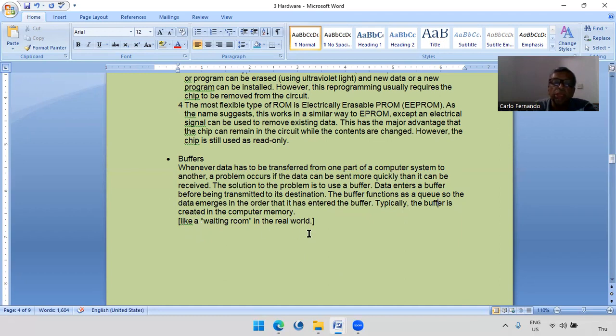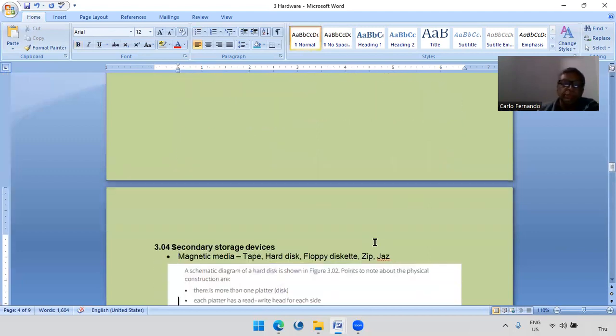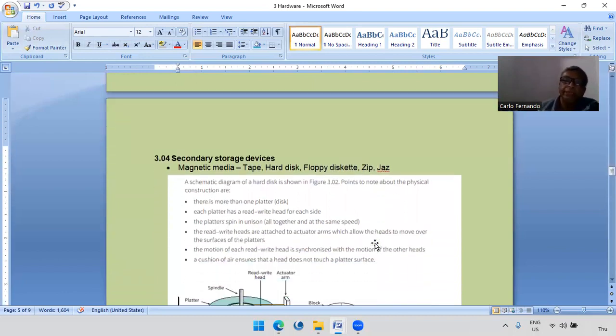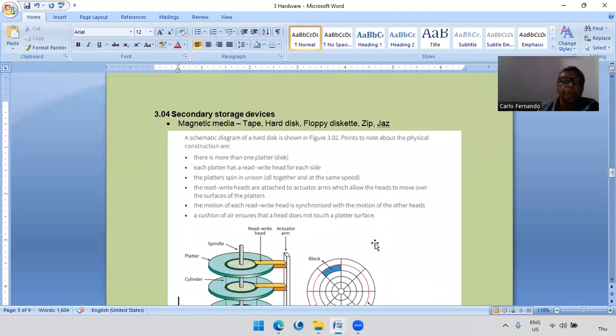In the real world also you get waiting rooms. If you are not accepted, you are not ready, you have to wait until the others go. That's a waiting room, which is similar to the buffer in the computer memory. What you have to remember is it's a temporary storage area and it's in memory, RAM.